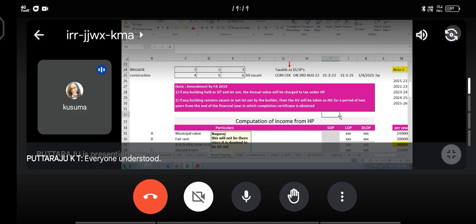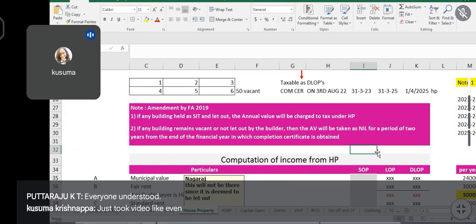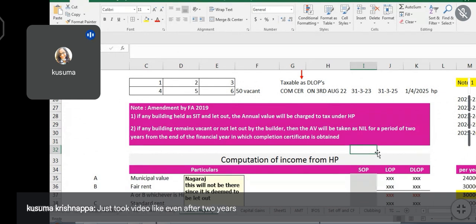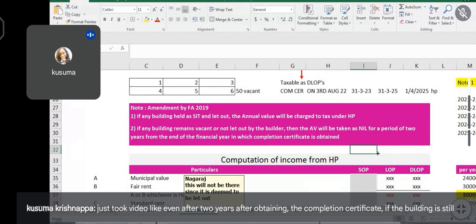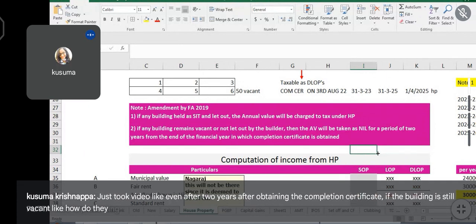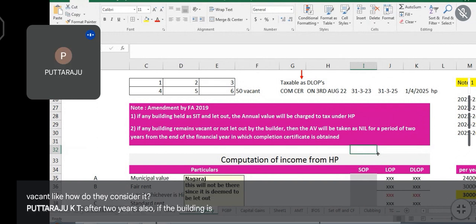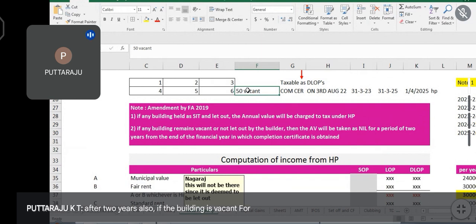Just a query here, sir. Even after 2 years after obtaining the completion certificate, if the building is still vacant, how do they consider it? After 2 years, if the building is vacant, for these 50 buildings, what is the fair rent?